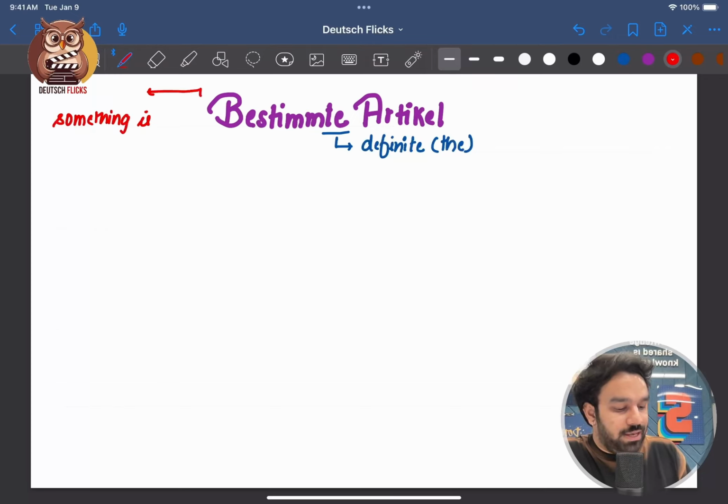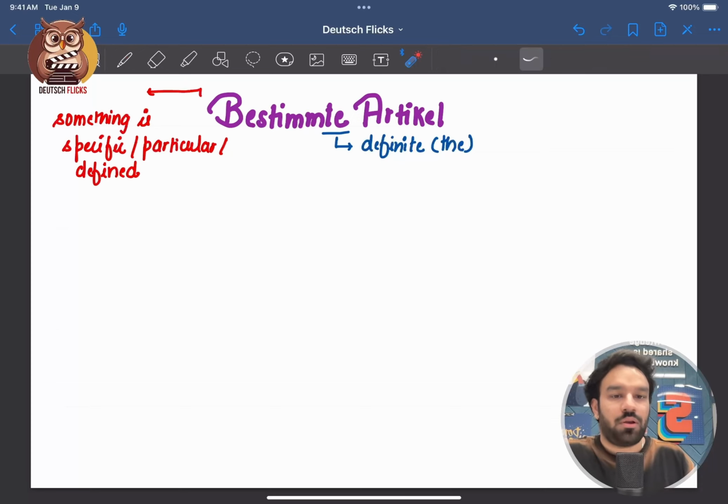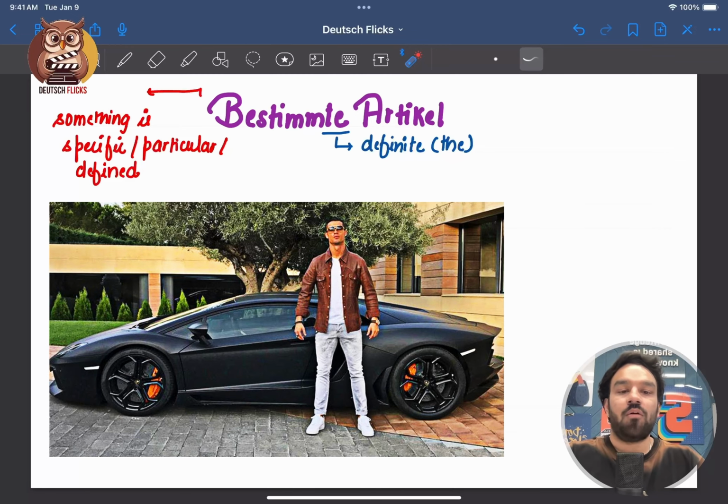So something is specific, particular, or defined. For example, that is the car of Ronaldo.